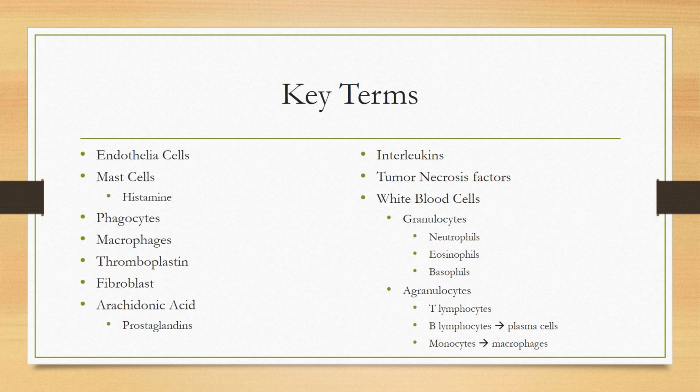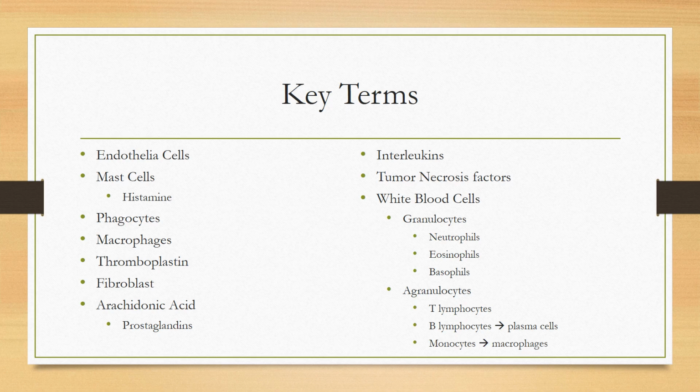I feel like it's important that you listen, or refamiliarize yourself, I guess is the best way to put this, to different terms that you might read or come upon when you're studying the inflammatory process. Starting off with the endothelial cells, those are cells that line the cavities of a lot of different parts of the body, such as the heart, the blood vessels, lymph vessels, any serous cavity of the body.